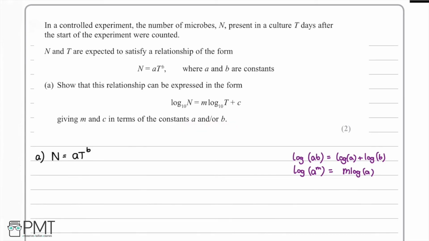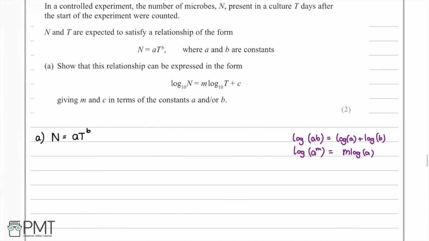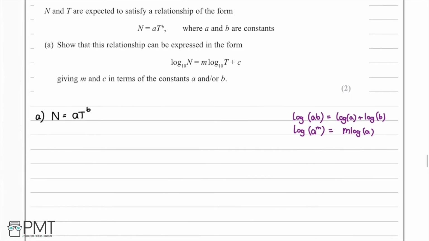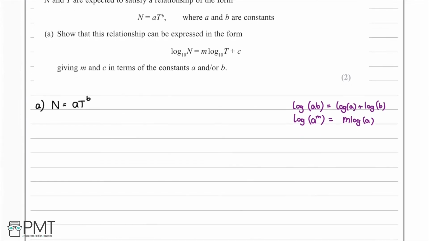So our starting point for this is going to be here. We've got our equation n is equal to a t to the power of b. So we want to get this n term here into the form log10 n. What we can do as our first step is take log10 of both sides.